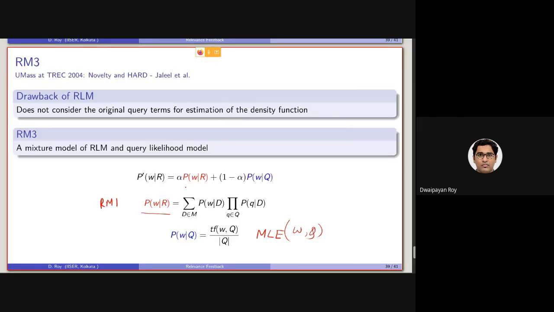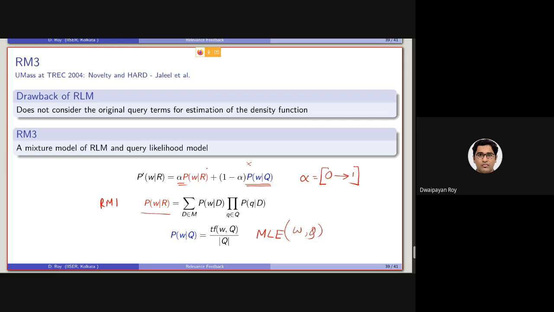Here alpha is a linear interpolation parameter, which will be between 0 and 1. Putting a 0 value means we are not considering the word generation from the relevance model. We are only considering the MLE from the query. And if we put a value of 1 here, we are not considering any special weight to the query at all, so this is cut.